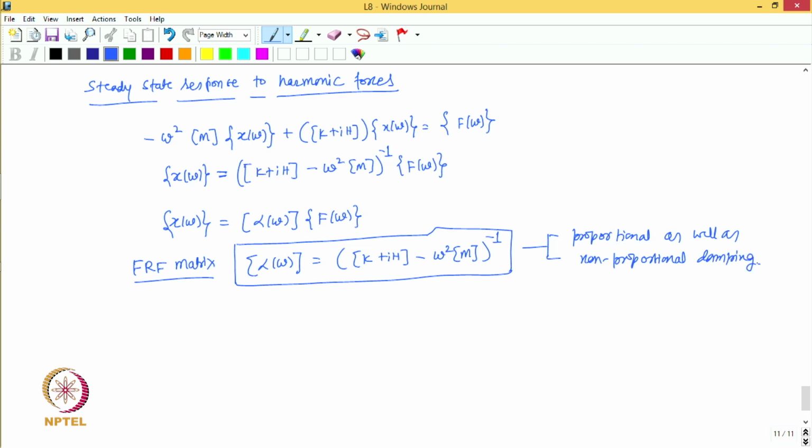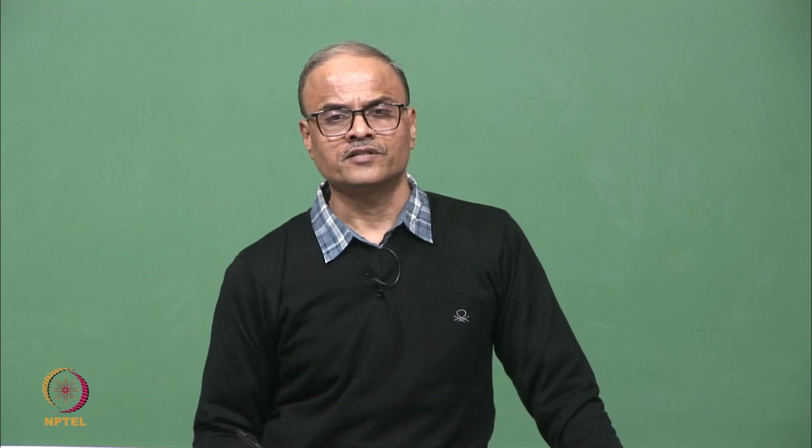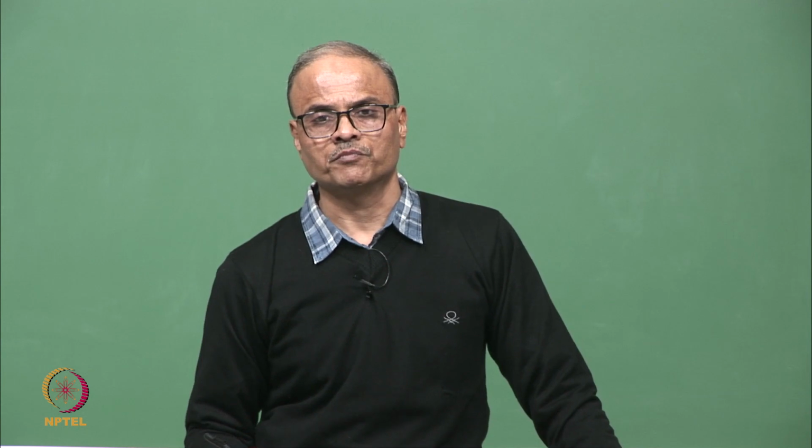So we can call this the direct method of analysis, because here we are directly finding the solution from the differential equation. But now let us use the modal analysis method and see how we can analyze the response.